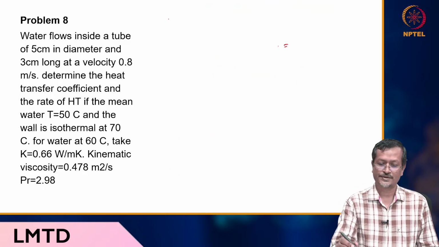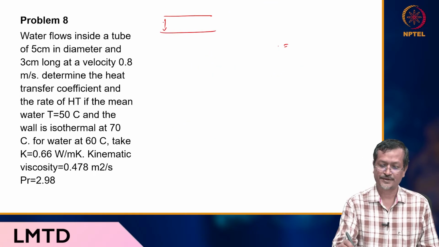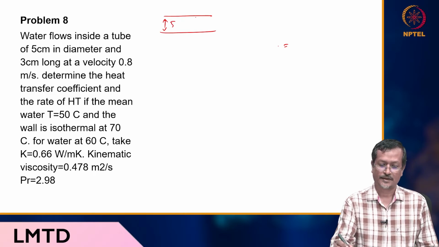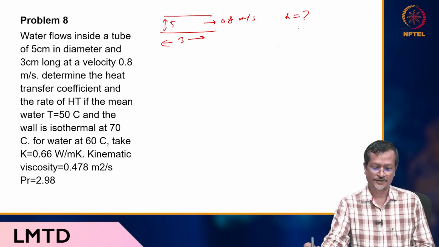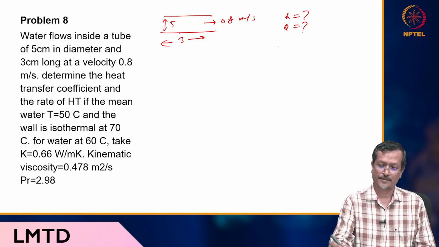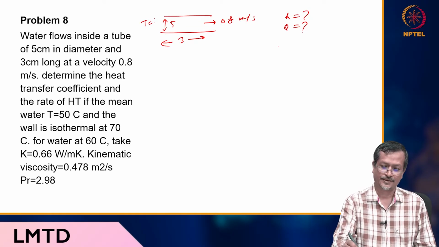Okay, so water flows inside tube of 5 centimeter diameter, 3 meter long, and velocity is 0.8 meter per second. Find the heat transfer coefficient and heat transfer rate. The mean water temperature is 50 degrees centigrade.